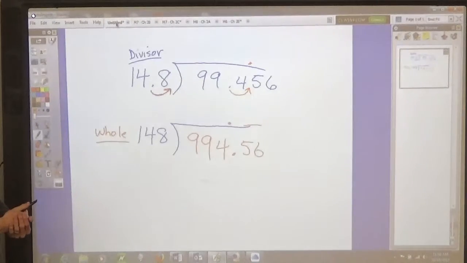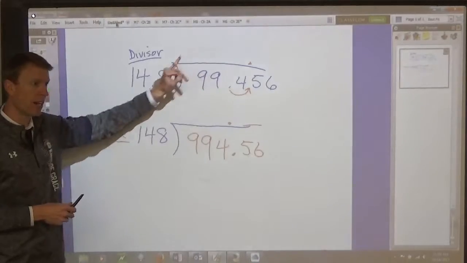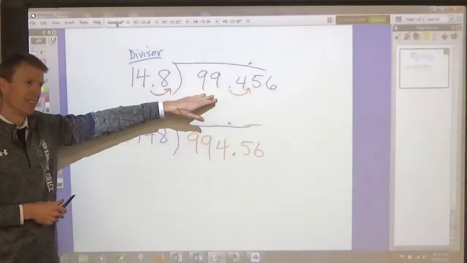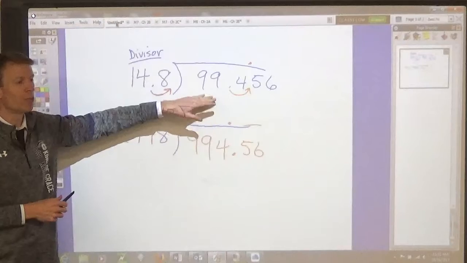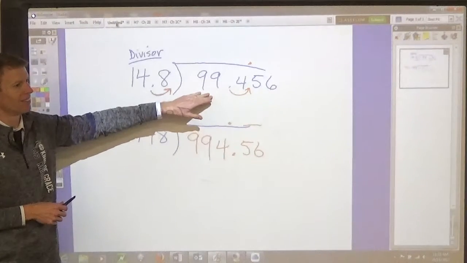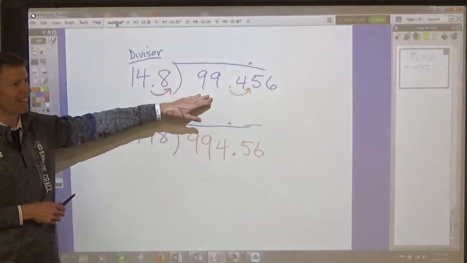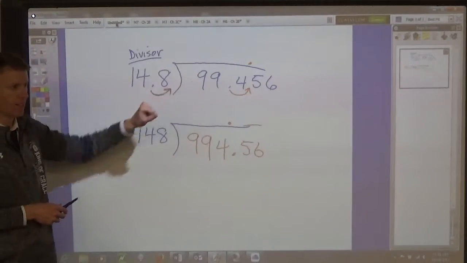Because this number has a decimal point, so then when you multiply it, you're going to have an answer with a decimal point. It's much more complicated. That's why they show you this method, so that you don't have to worry about the decimal point. Okay?